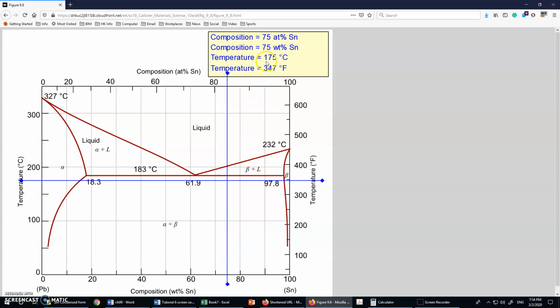So we are in the alpha plus beta phase. So phases are alpha and beta.